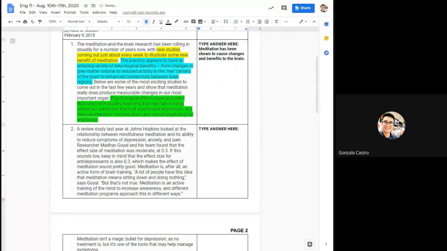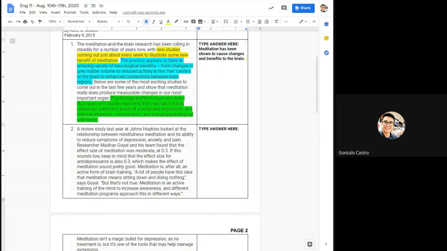Okay. So now for step 4, we want to write our own version of the text, starting with the main idea and then continuing with the key concepts. So for sentence 1, we already have that written down. Meditation has been shown to cause changes and benefits to the brain. Next, we want to paraphrase what's in yellow.